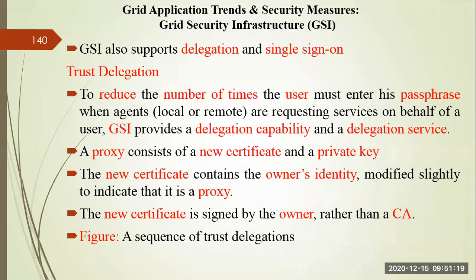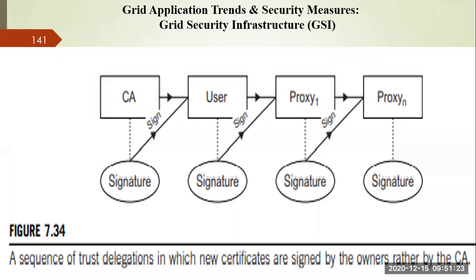You can see how the trust delegation happens in this diagram. There is a certification authority, especially in PKI or Kerberos, which is providing you a pair of public and private keys. The certification authority signs the certificate by putting its signature, which is given to the user.